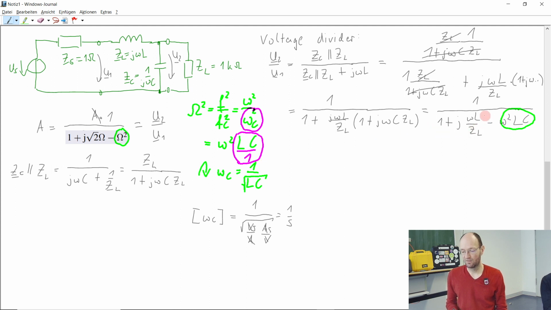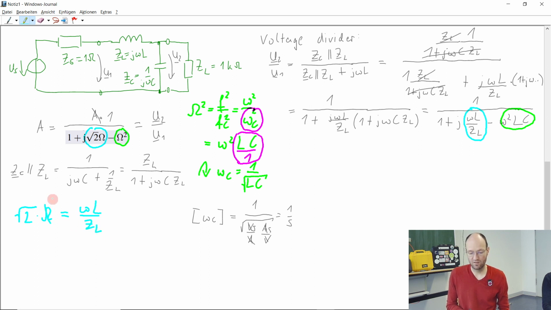Okay, and so this is what we then can insert here into this term. So let me take another color for this term here. And so now this, maybe without the J, square root of 2 multiplied with omega should be the same as this one here. So square root of 2 times omega should be the same as omega L divided by ZL.